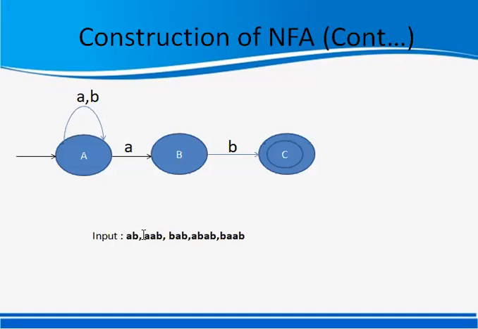So here we will check for the input AB starting from the initial state A. We can either move to state A itself on input small a, or we can move from state A to state B on input small a.